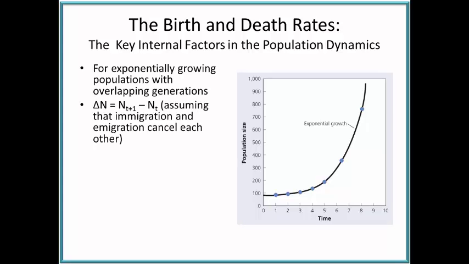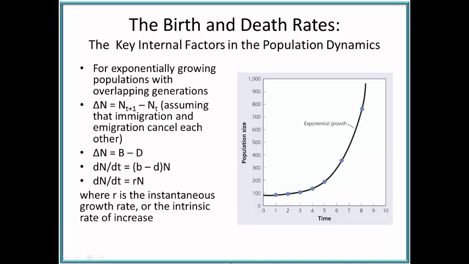When a population moves into a new area, it's often going to experience exponential growth, as shown in this graph, where there's a latent period and then rapid population growth occurs at sort of astounding rates.